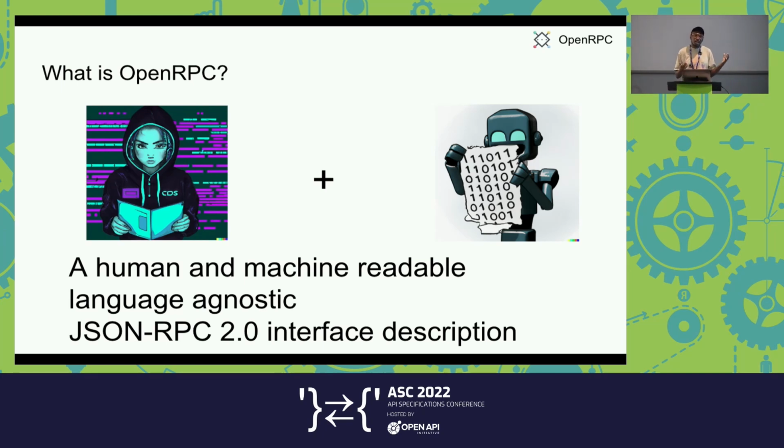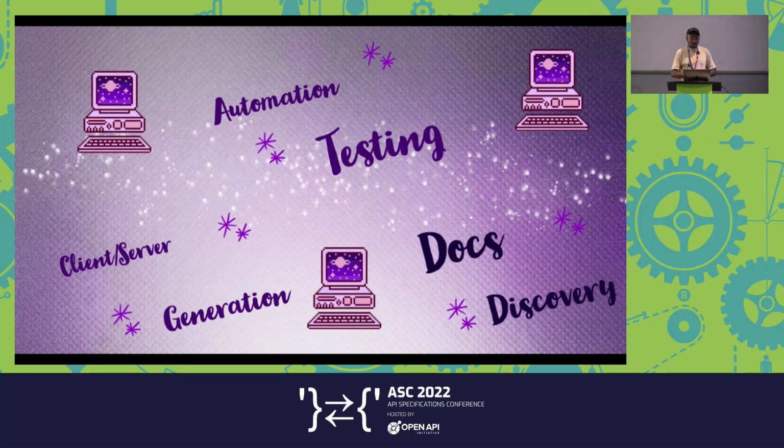So there's a meta spec, which allows us to use machines to do generation and validation of documents, as well as clients and servers and all of these other kinds of tooling. And one of the beautiful things about OpenRPC is that it's human readable. And so it allows us to look into a crystal ball and capture things such as automation, testing for coverage, which we've done, client and server generation, docs, type generation in general.